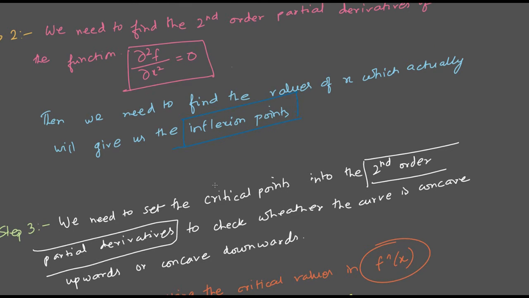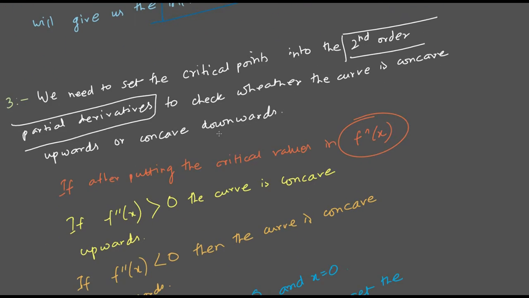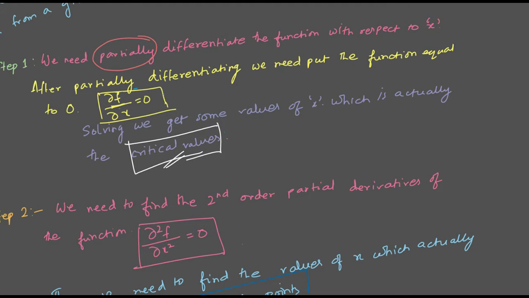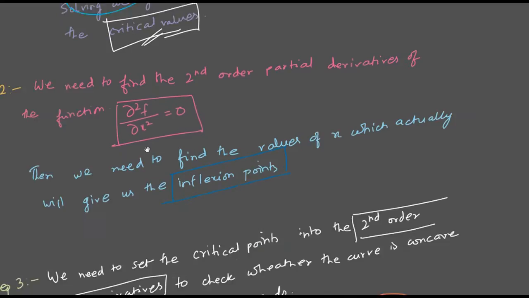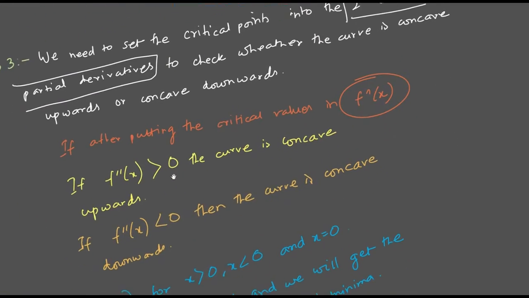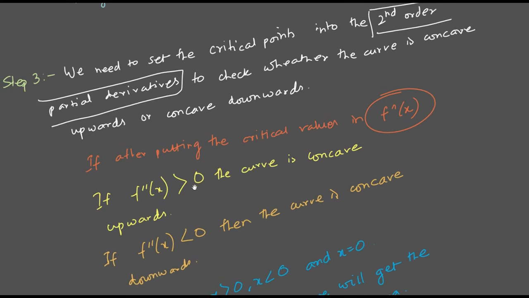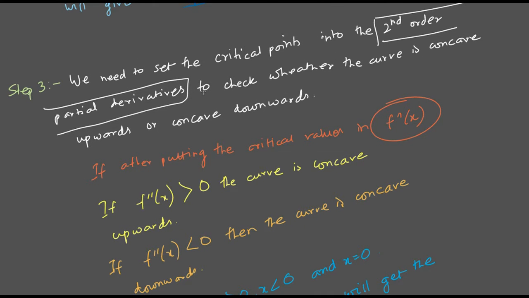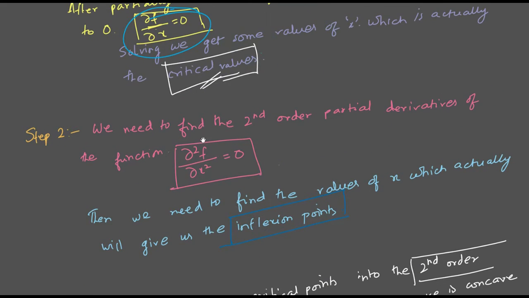We get some values, and those are the inflection points. And then in the third step, we need to put the critical values obtained here into the second order partial derivatives.